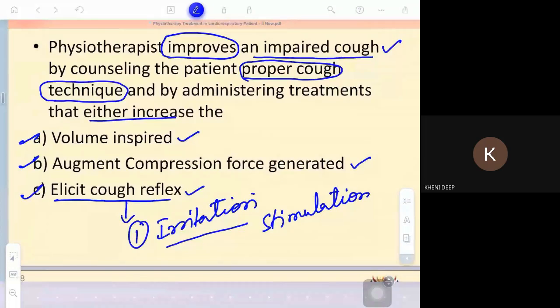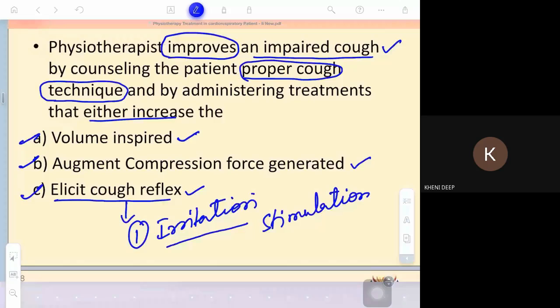So the therapist will administer the treatment either by increasing the volume inspired by the patient. He will give proper command. The therapist will give proper command to the patient to take proper inspiration before coughing.